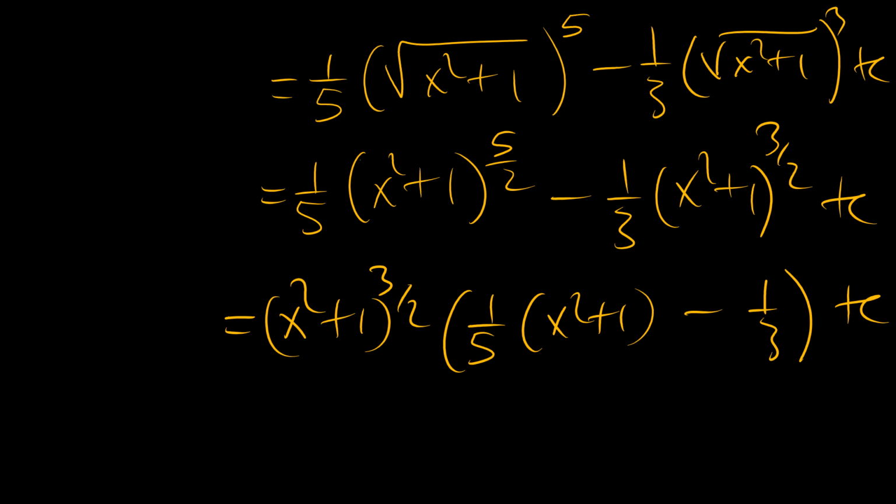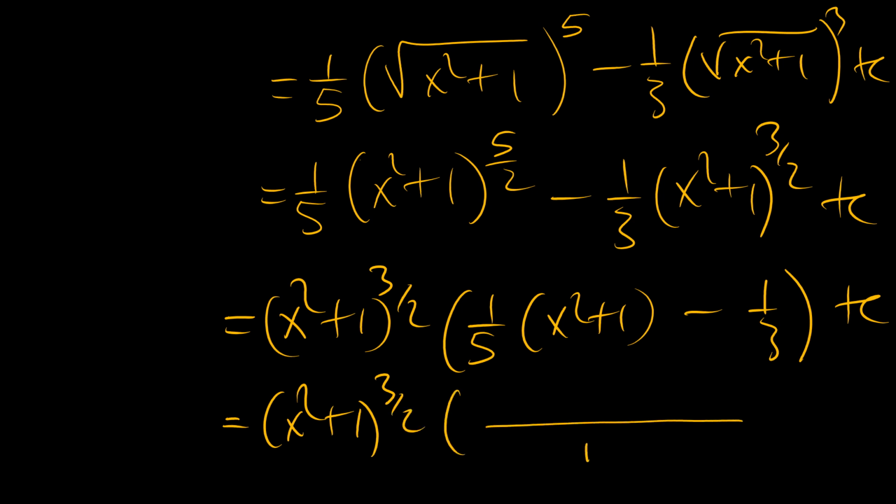So which is equal to x squared plus 1 to the power 3 over 2. Common denominator is 15. So we have 3x squared plus 3 minus 5, right? And the 3 minus 5 is going to be minus 2.